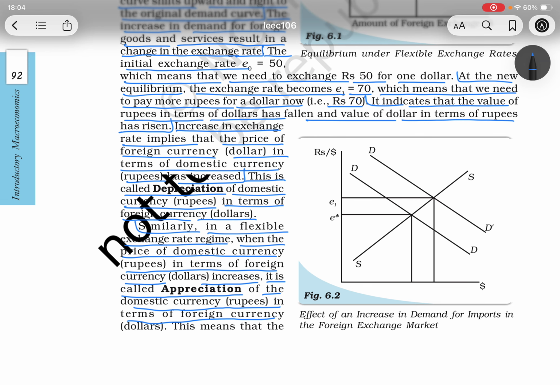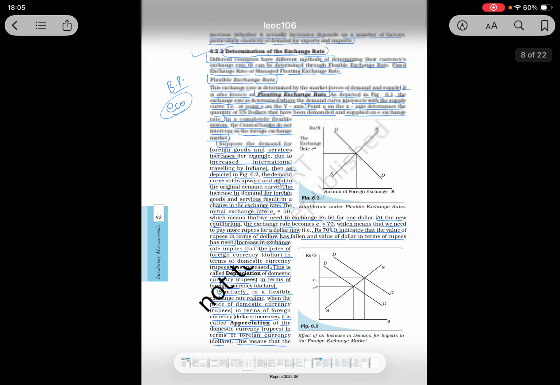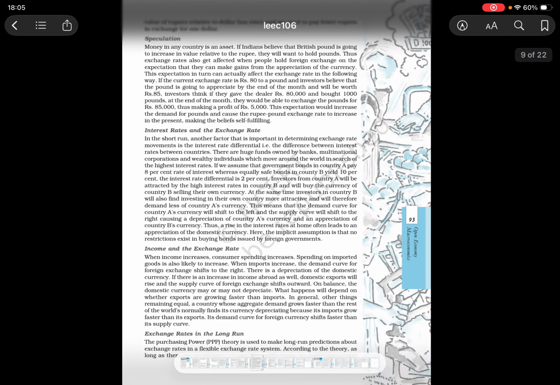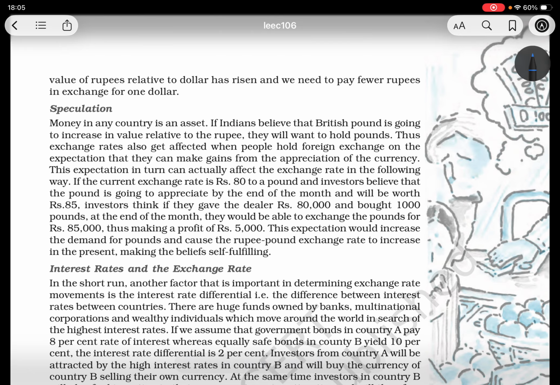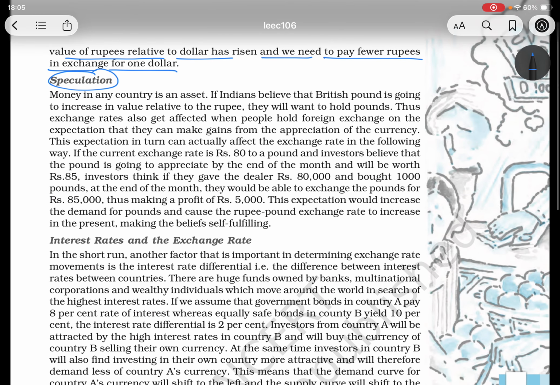This means that the value of rupees relative to dollar has risen and we need to pay fewer rupees in exchange for $1.